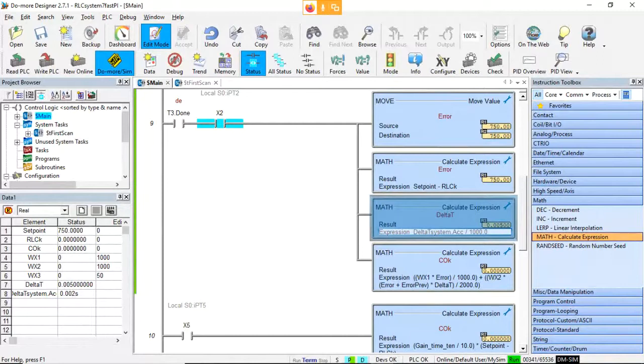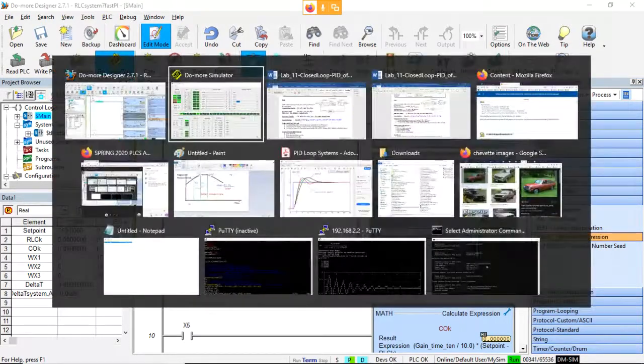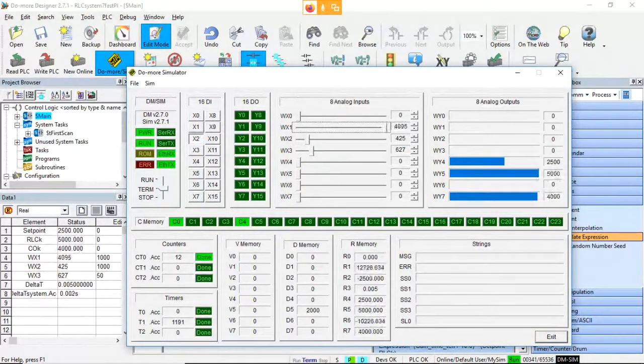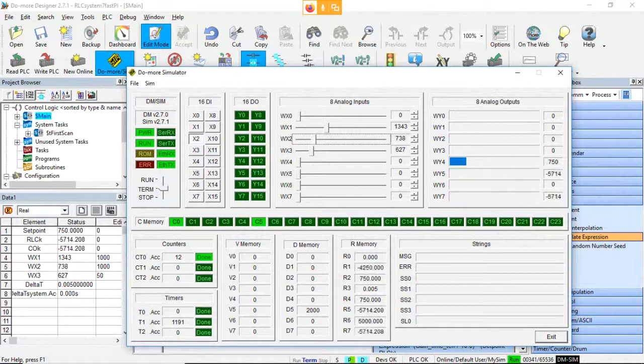Okay, but the idea here is that in your simulation now, you can adjust these gains. So this is going to be your proportional gain. This is your integral gain. And W3 is your derivative gain, which I don't even have in there yet.